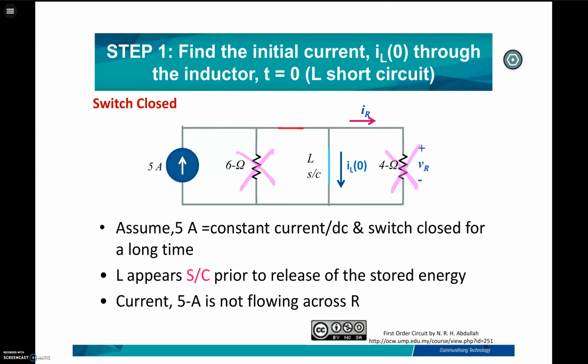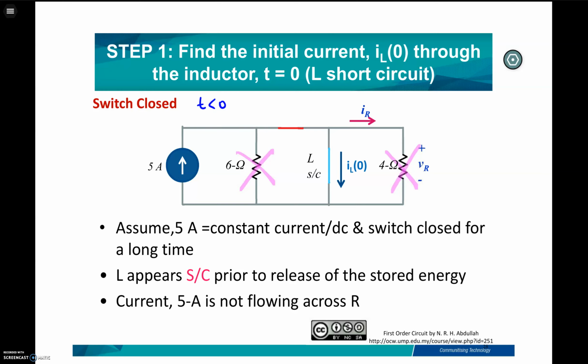When t is equal to 0, we assume that the 5A is a constant current or DC, the switch has been closed for a long time, and L appears as a short circuit prior to release of the stored energy, and the current 5A is not flowing across the R. When t is 0 for a long time, the L is charging to the maximum, I max.